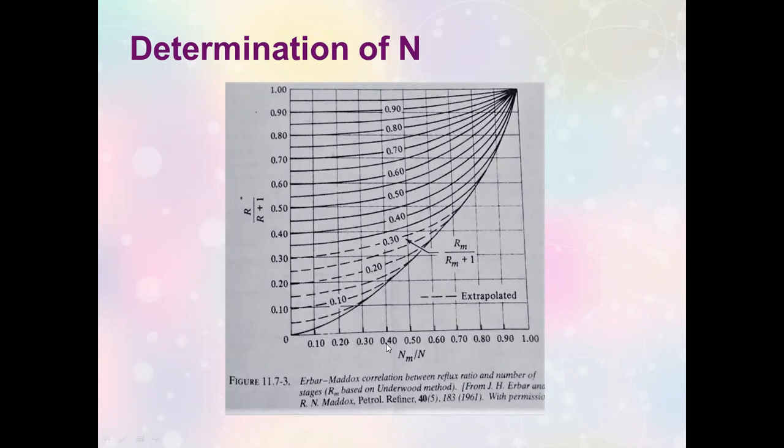What is it that we have discussed in the first slide that will determine the N minimum without having to do it graphically? Anyone? We discussed it in the first slide. What was it that we discussed in the first slide that will determine the N minimum? Yes? It's the what?